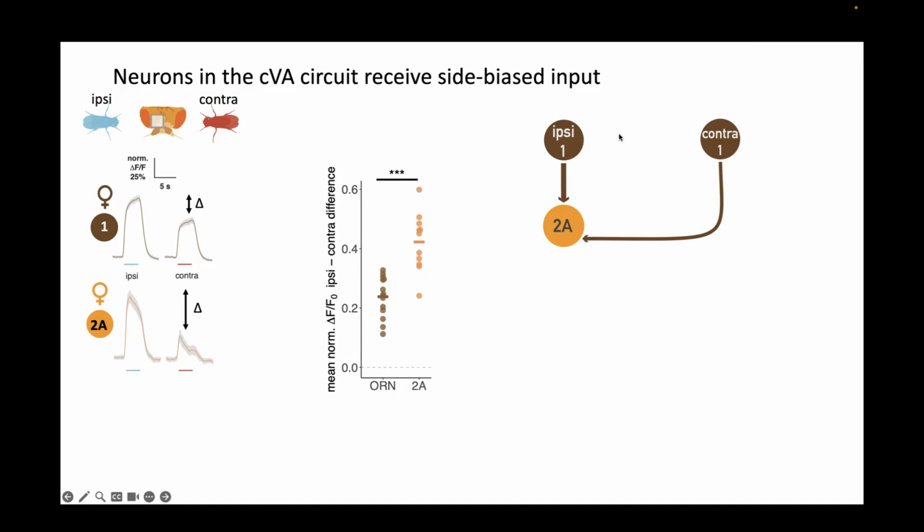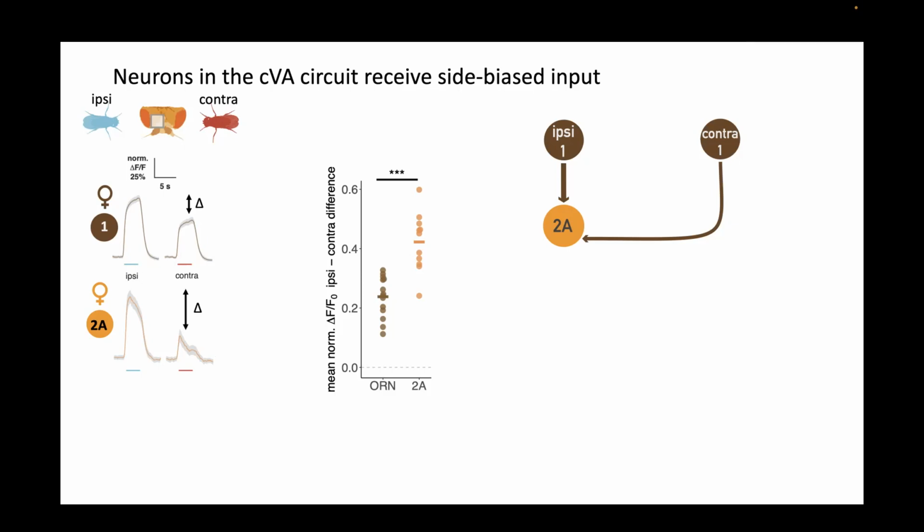The receptor neurons sit in the antenna, and due to the distance between the left and right antenna, you could expect some gradient, even though the antennae are only 250 micrometers apart. The distance between them is very short, but even so, it is enough to create a gradient. But you would expect that the flow of information onto the projection neurons would diminish this gradient. Instead, we see that it's getting bigger.